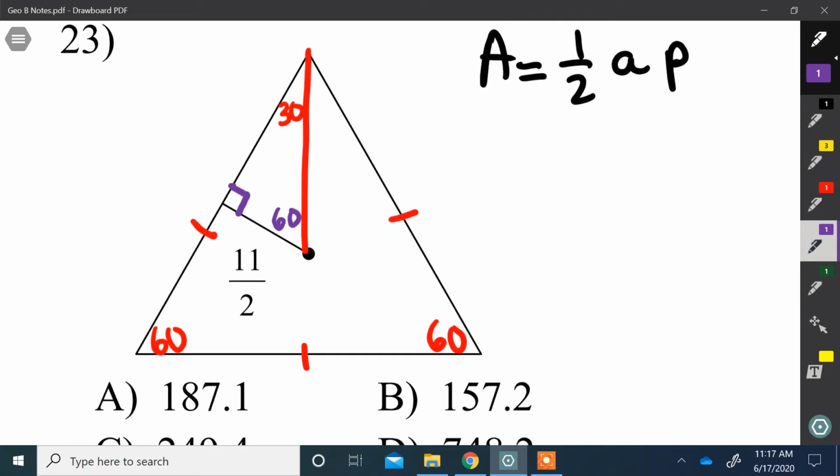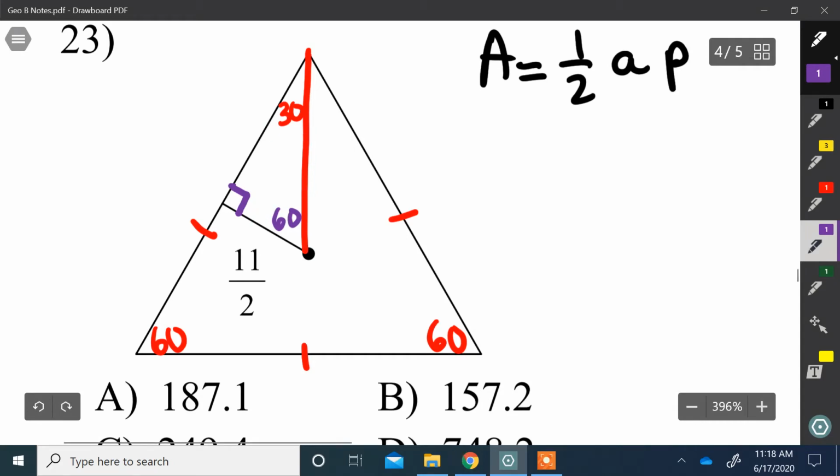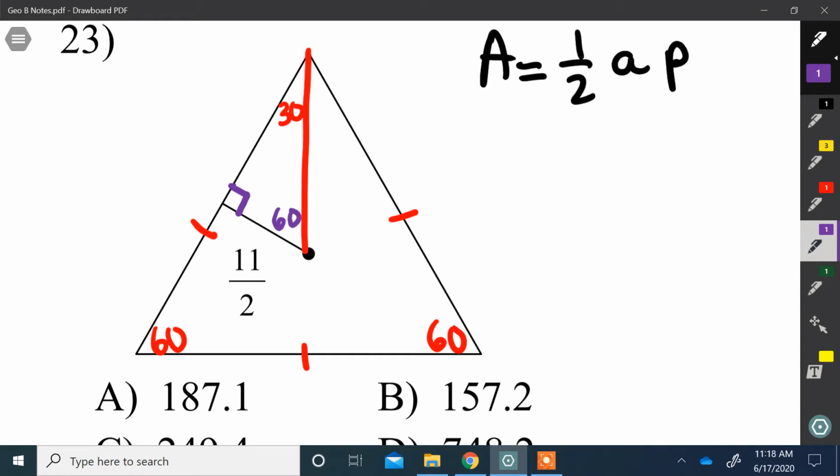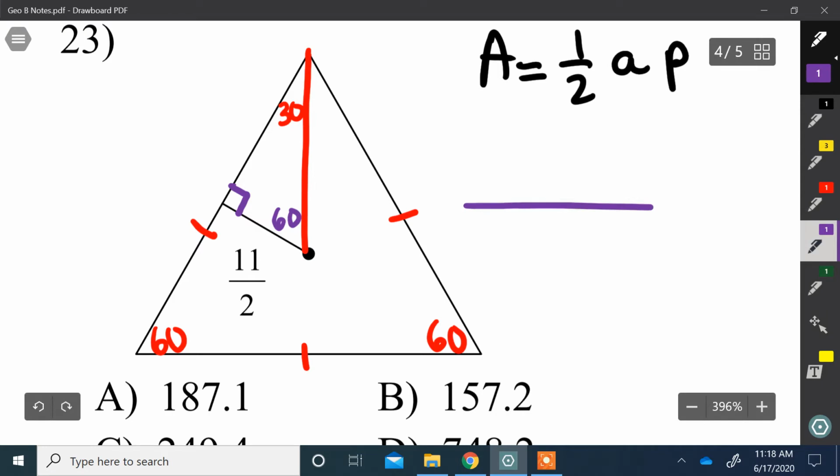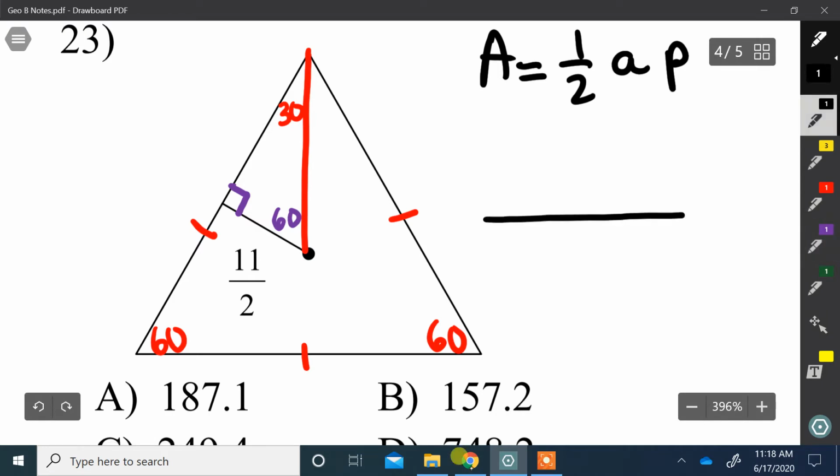If I have a special right triangle, and we're gonna say this right here is called a special right triangle, it's 30, 60, 90. It's a 30, 60, 90 triangle here, and this is what we're gonna review. You should have learned this in geometry A.